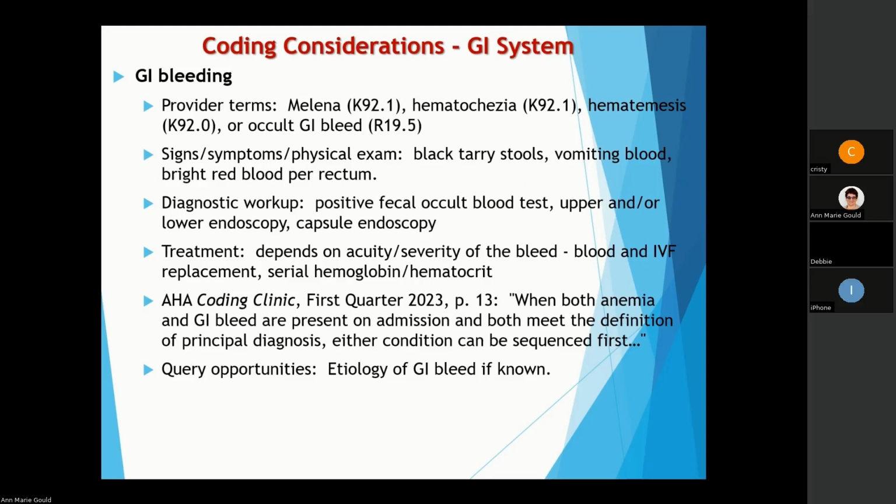And I was discussing it with the coder, and the coder said, yeah, I agree with that, Anne-Marie, because they really didn't find the GI bleed. They didn't find where the source was. And the doc says, we still can't rule out that there was a GI bleed, but they never found the source. So we ended up using the acute blood loss anemia for that particular case, and we put the GI bleed as a secondary.